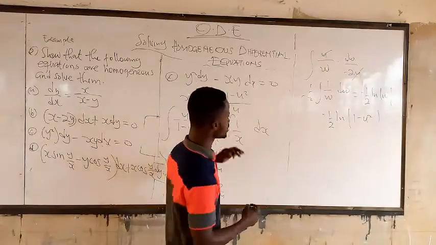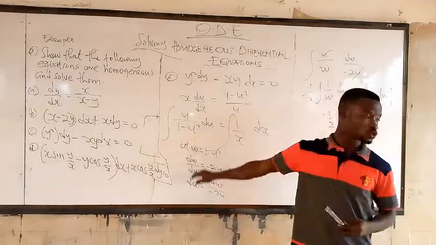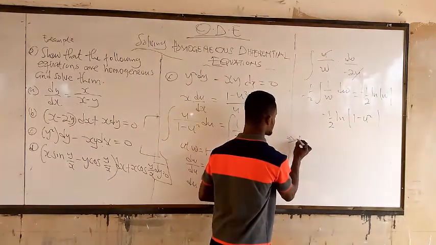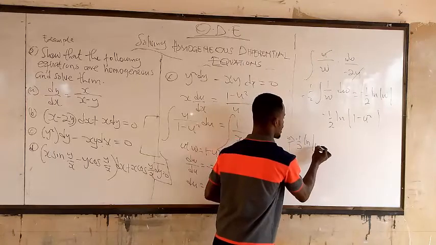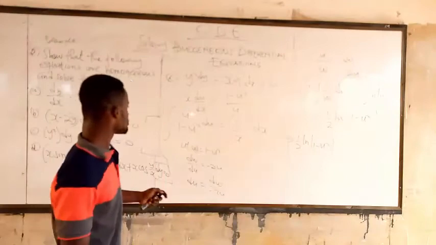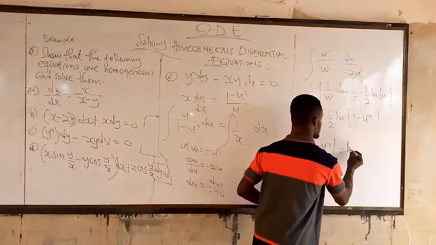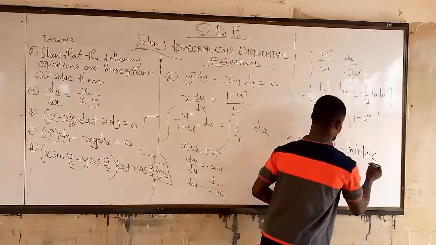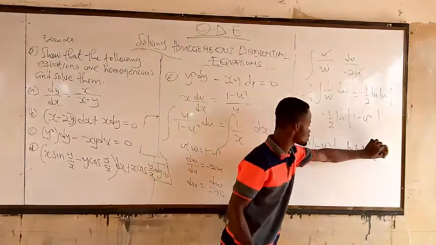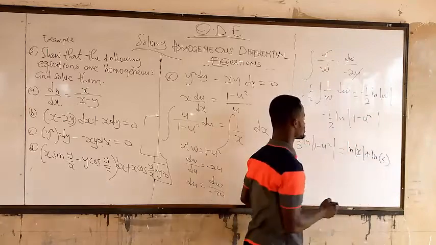So simply, we have this side to be this. So that is going to be negative half ln 1 minus u squared to be equal to this side. And this side is going to give us what? ln s plus C. But we can write C as ln c.